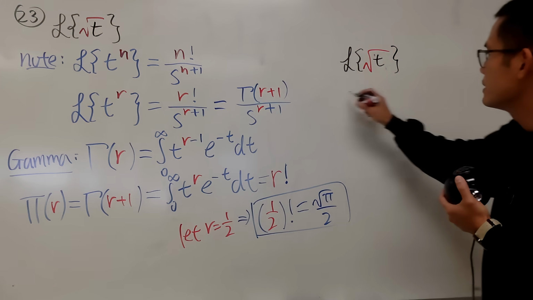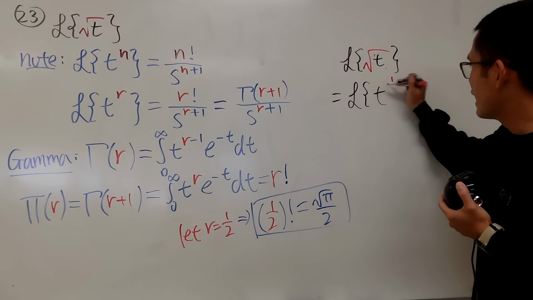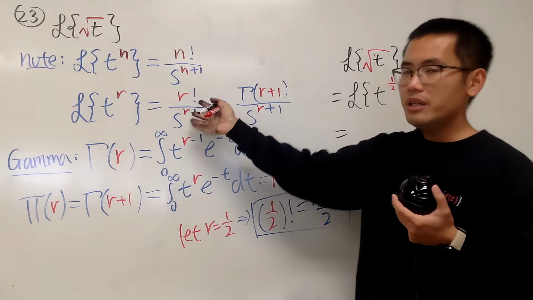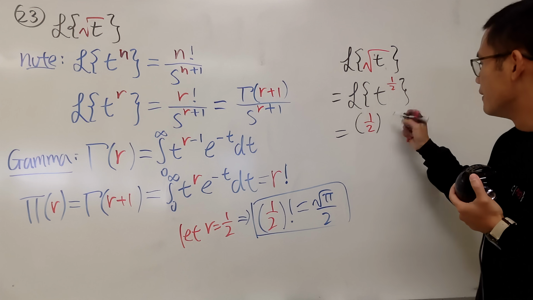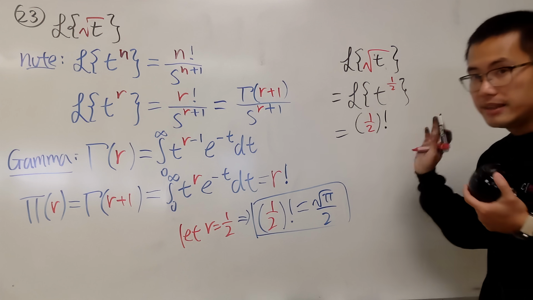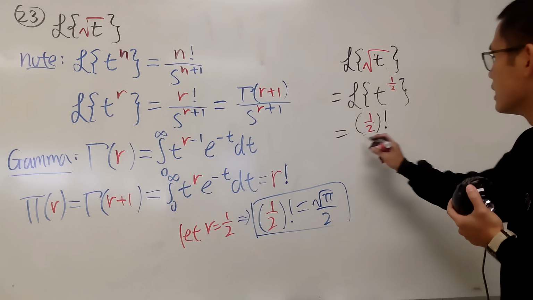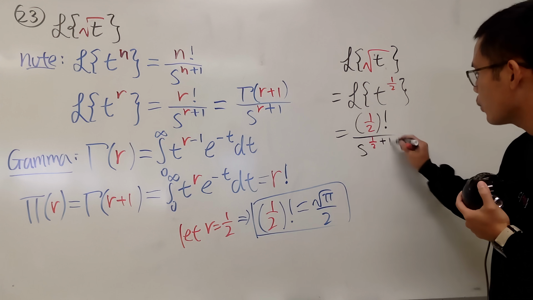This right here, of course, it's the same as saying the Laplace transform of t to the 1/2 power. And we can just put the 1/2 into here if you wish. So in another word, we can say this is the 1/2 factorial. Again, not in the usual sense. You have to use the gamma function to actually work that out. Divided by, though, s to the 1/2 plus 1.